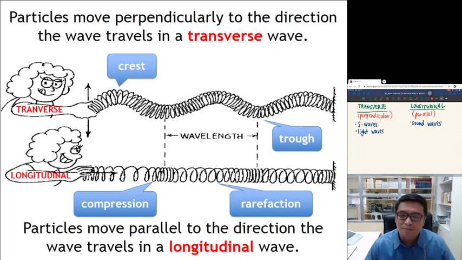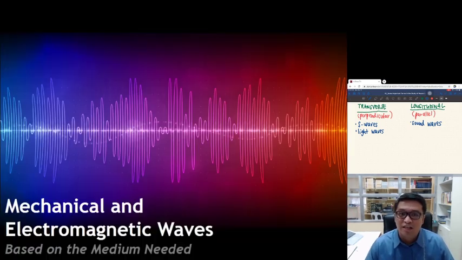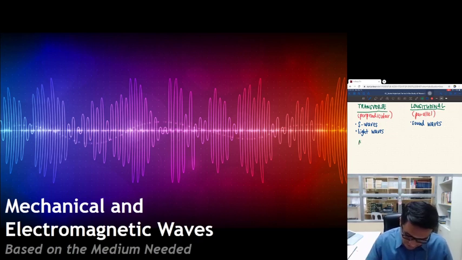Now, aside from these two classifications, transverse and longitudinal, we can also classify waves based on the medium needed. So we have mechanical or electromagnetic.